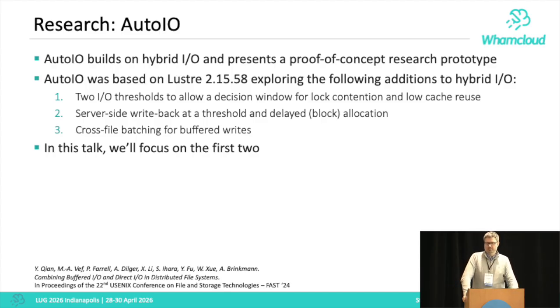In this case, the file system state can be taken into account, where we could maybe use direct I/O for smaller I/O sizes already. Then we have another optimization, which is server-side write-back and delayed block allocation. We've also heard that before today. More on that later. And also cross-file batching for buffered writes. That is an optimization where, if you have a bunch of small writes, you can batch those together and write them all at the same time. But I won't go into that today and will only go into the first two.